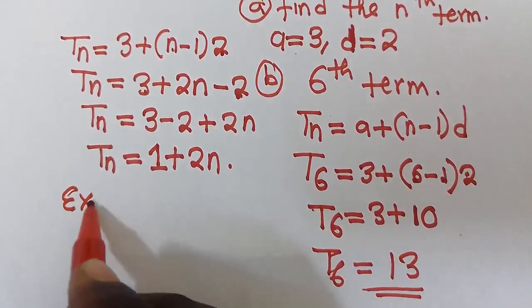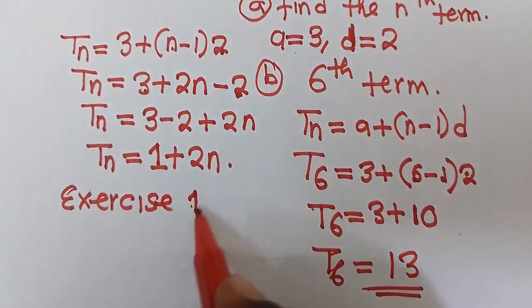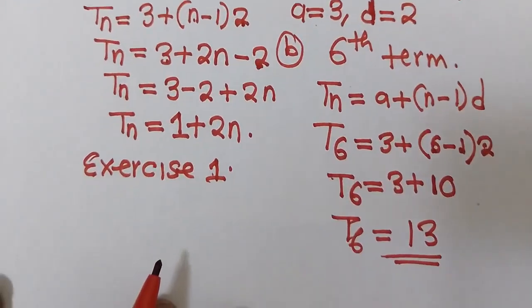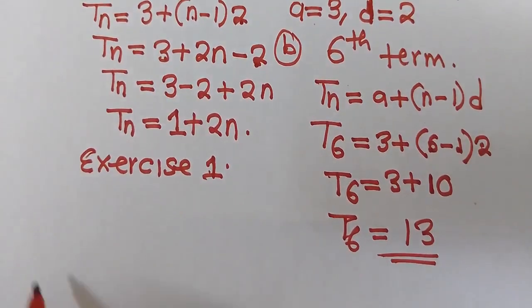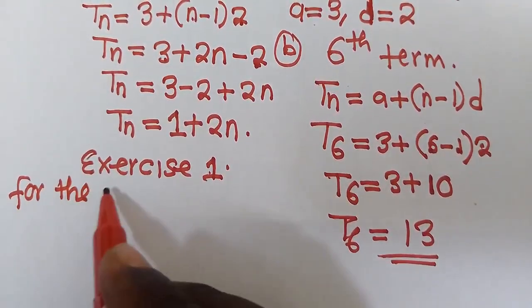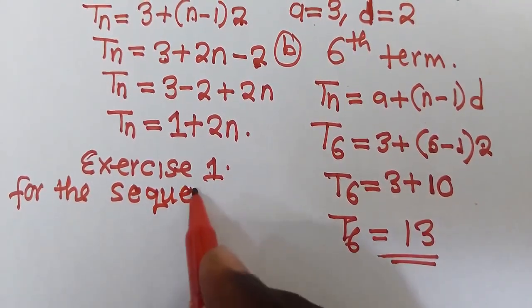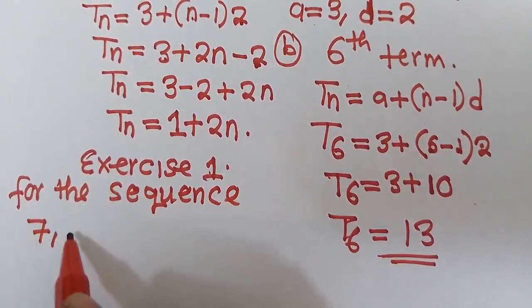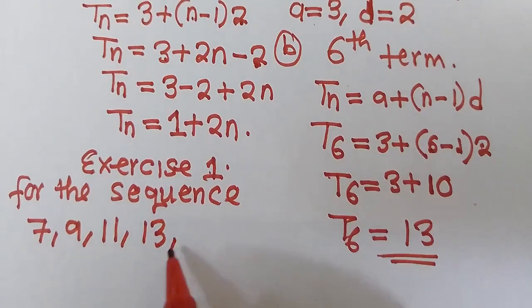So I go to exercise 1. This is exercise 1 that I want you to practice. Let's make sure we submit on time. This is the sequence 7, 9, 11, 13.